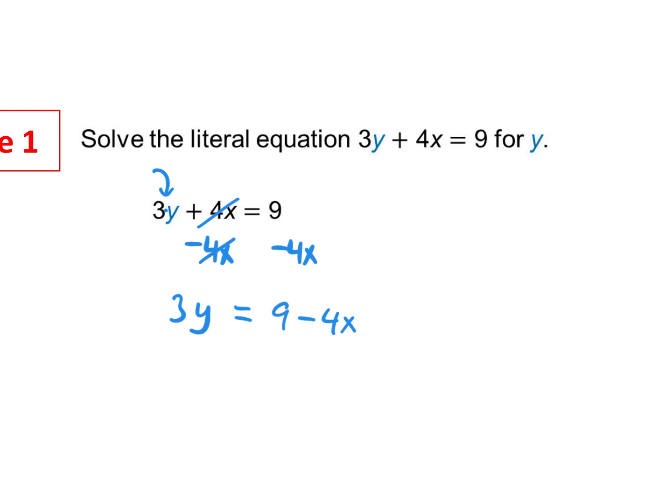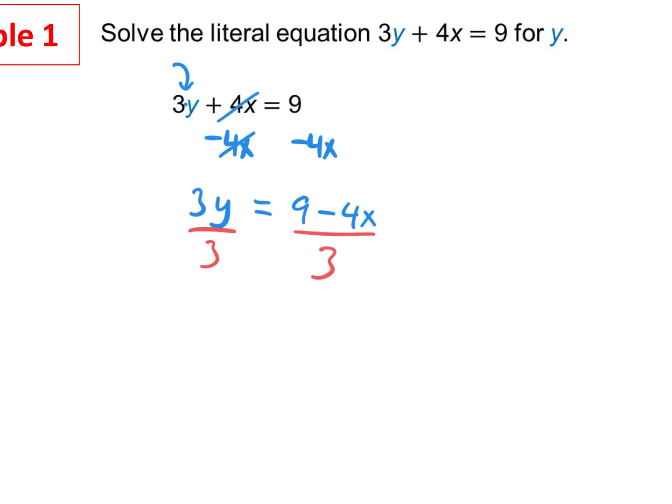Is the y by itself? We're getting closer, but it's not quite by itself. It's 3 times y. How do you get rid of 3 times? Divide by 3. Then 3 divided by 3 goes away. So you get y equals 9 minus 4x, all divided by 3.